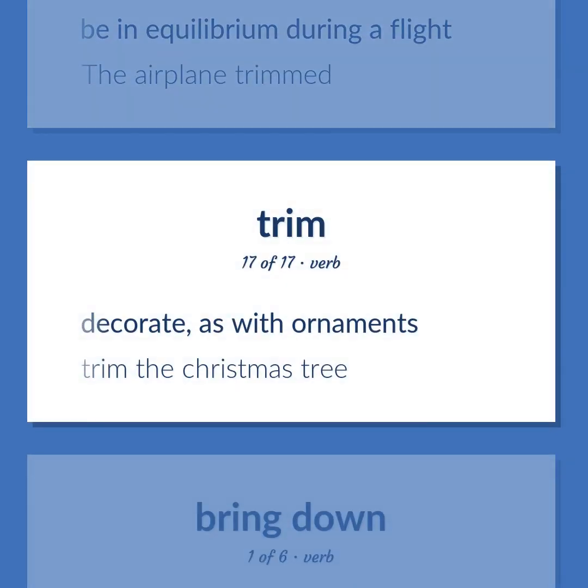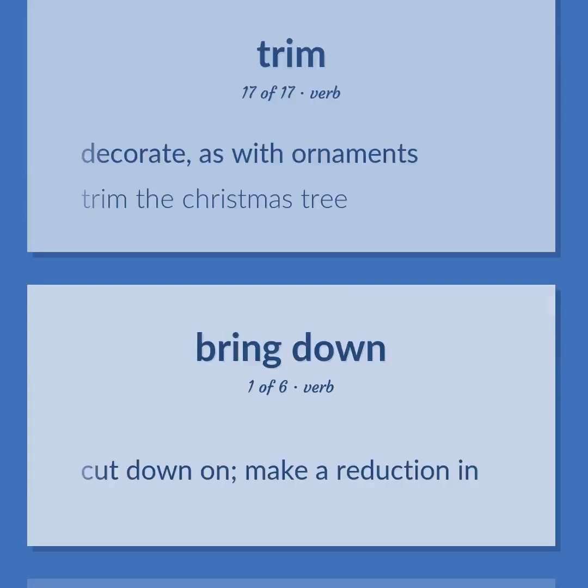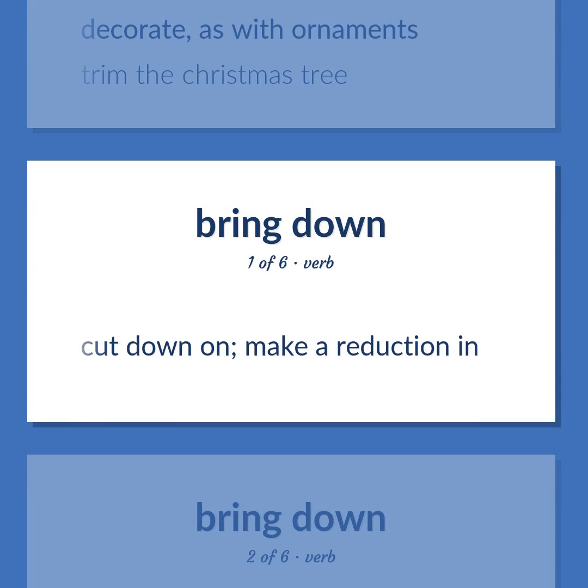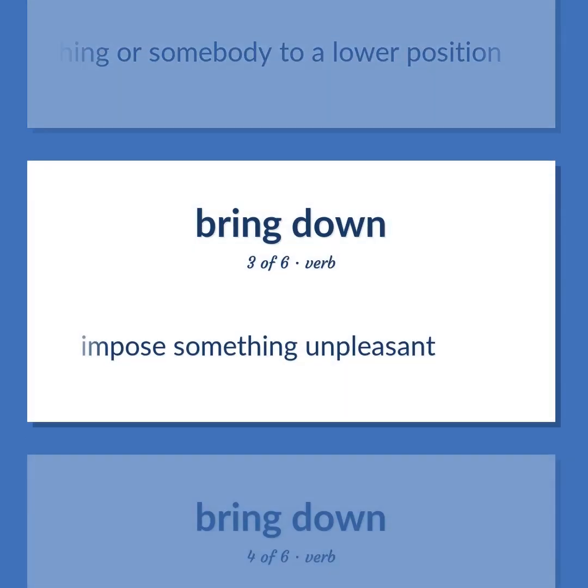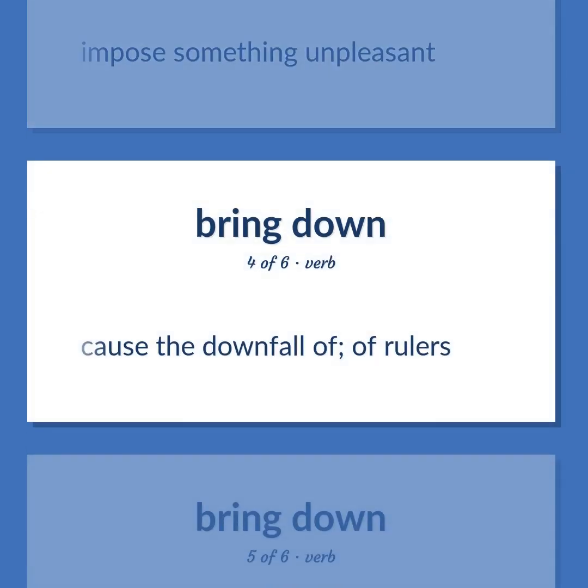Decorate, as with ornaments. Trim the Christmas tree. Cut down on. Make a reduction in. Move something or somebody to a lower position. Impose something unpleasant. Cause the downfall of rulers.